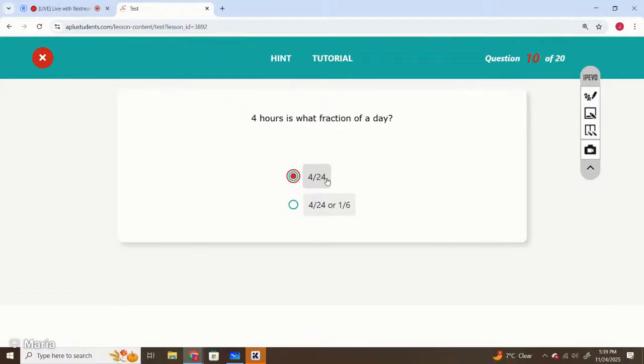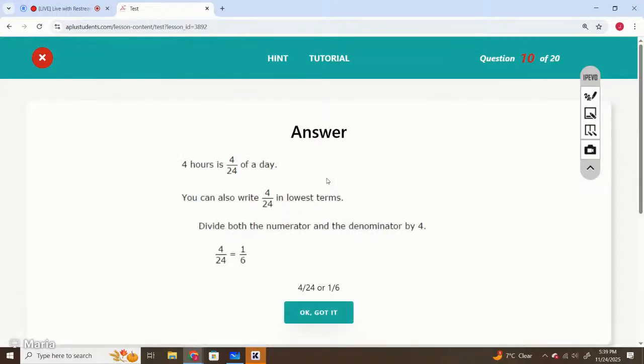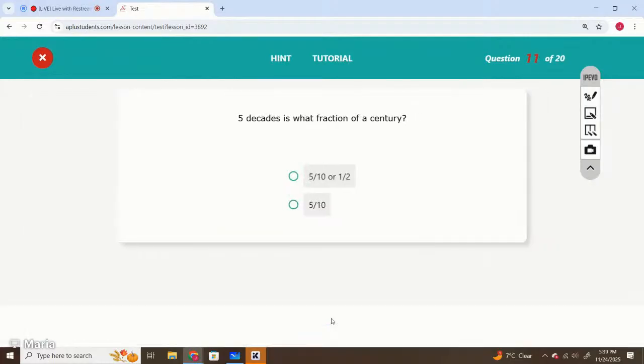That is 4 by 24 or 1 by 6. Option number 2 is the correct option. If you write it in simplified form, then that would be 1 by 6.